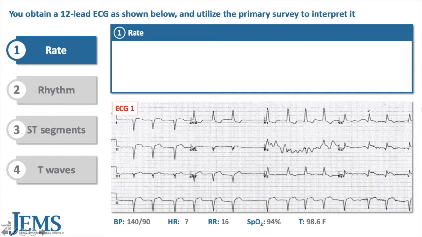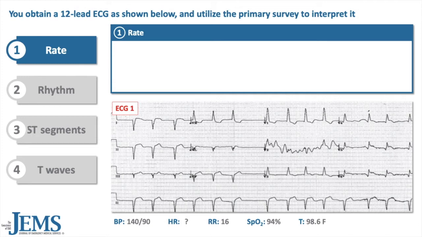While looking to determine this patient's heart rate, we see that the rhythm is irregularly irregular. So to get an accurate idea of the rate, we will need to count the total number of QRS complexes within a 6-second period. As each large box represents 0.2 seconds, 5 large boxes will then equal 1 second, and 30 large boxes will equal 6 seconds.